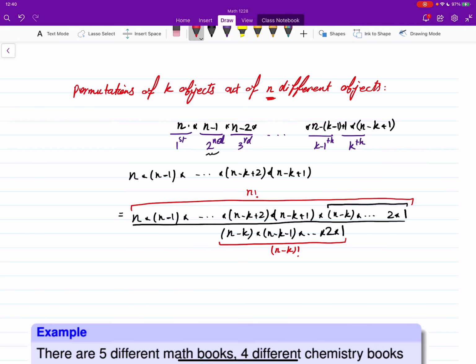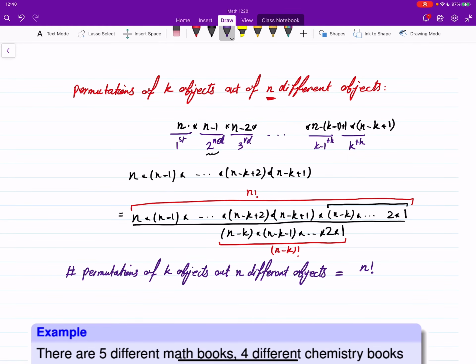So what we have shown is that the number of permutations of k objects out of n distinct objects is equal to n factorial over n minus k factorial.